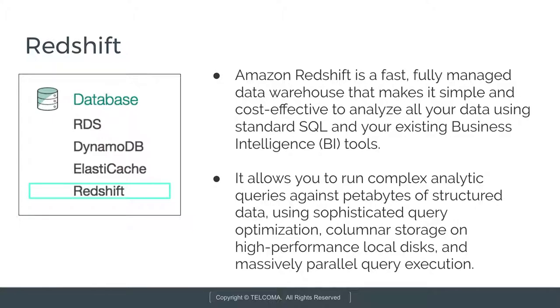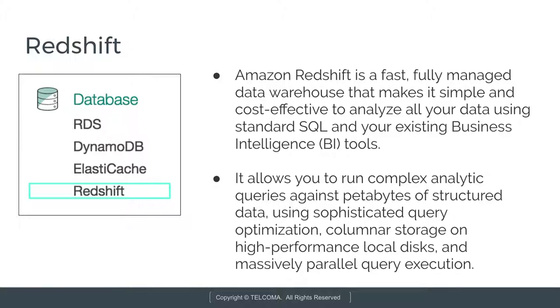It uses column-based storage technology that improves input-output efficiency, and it parallelizes queries across multiple nodes. Suppose we have multiple nodes, so it parallelizes various queries and makes simultaneous querying easy. Amazon Redshift is able to deliver fast query performance.